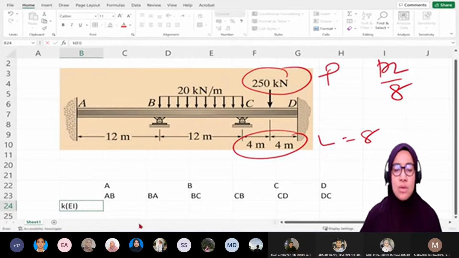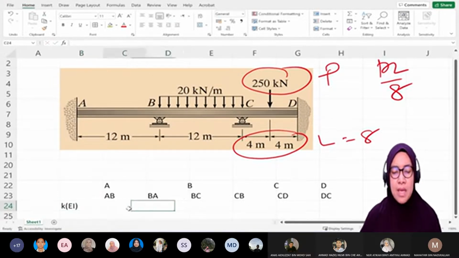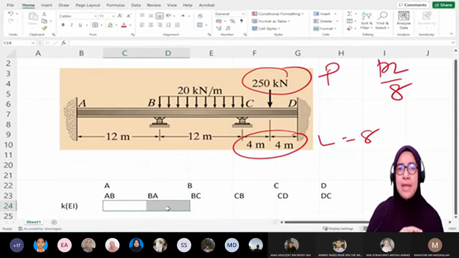So remember KAB, KBA: AB and BA, don't get confused. It is the same.